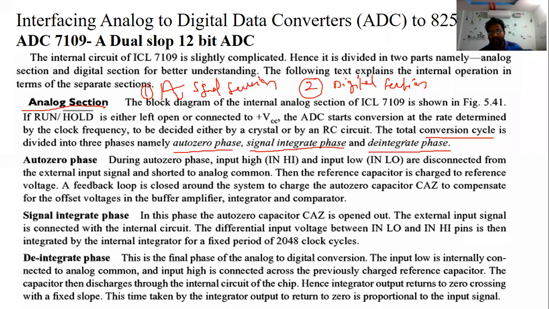These are the three phases of the conversion cycle. Then what are the auto zero phase, the signal integrate phase and the de-integrate phase?